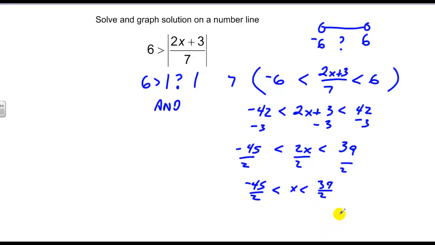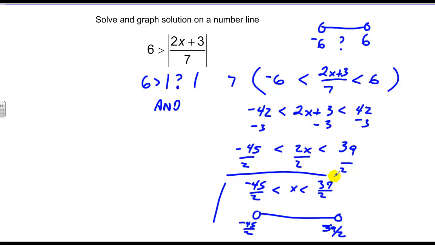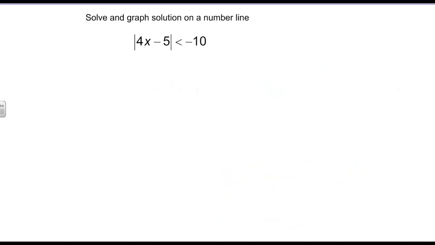And if I wanted to graph that, I do just like the following. And there's your solution.